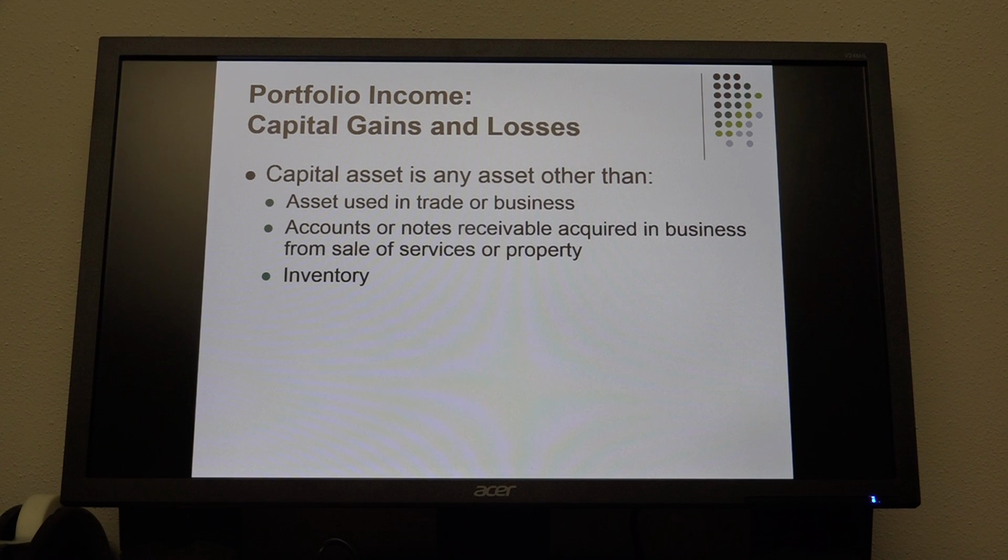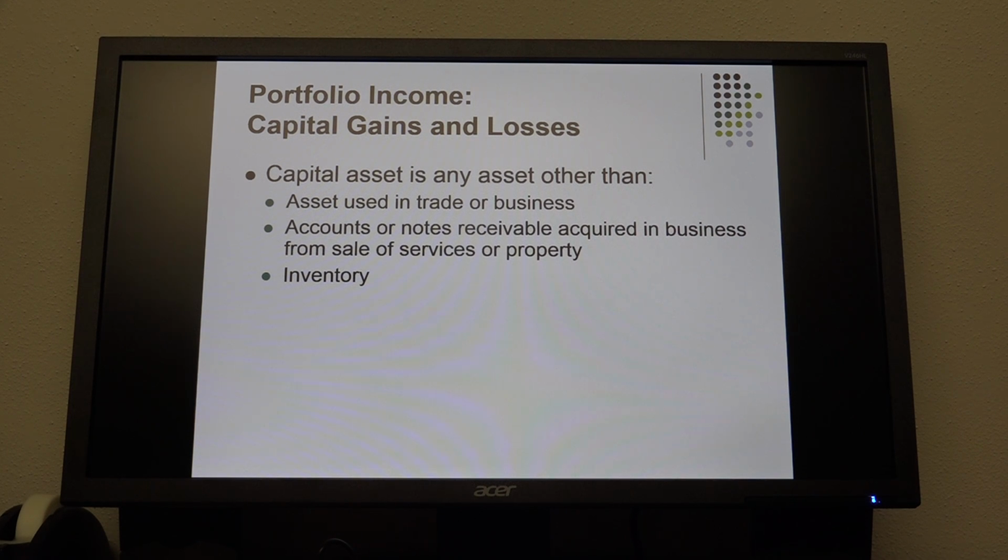So how do we define capital asset? Here it says that it's any asset other than assets used in a trade or business, accounts or notes receivable acquired in business from the sale of services or property.